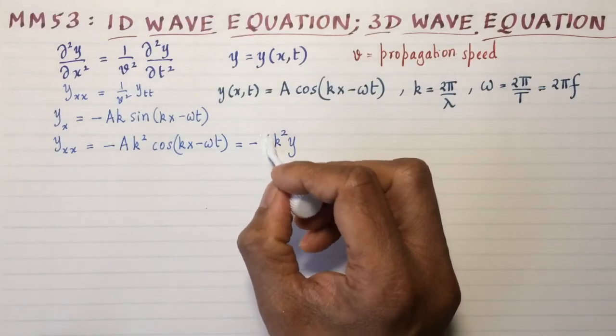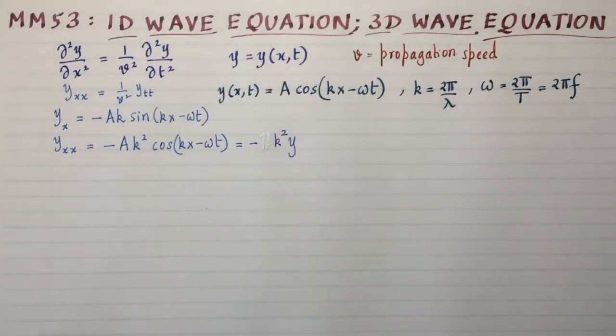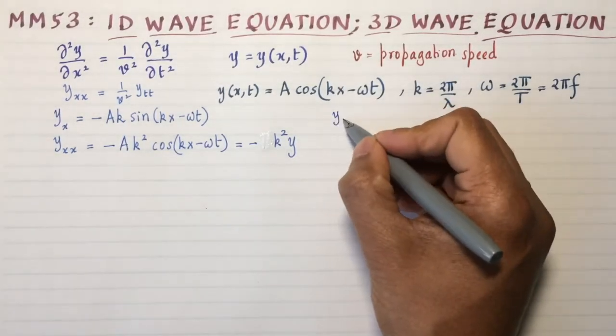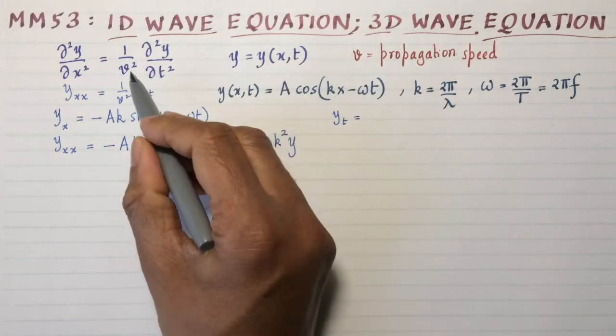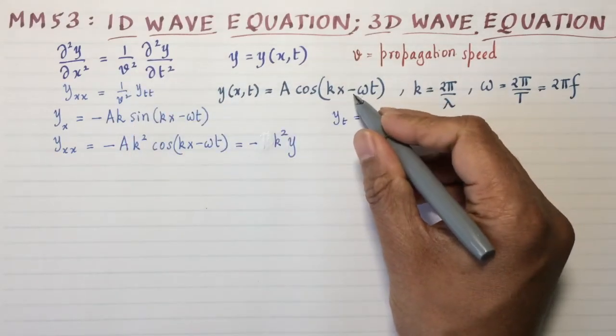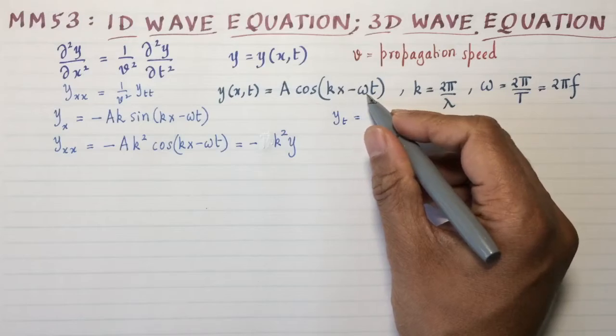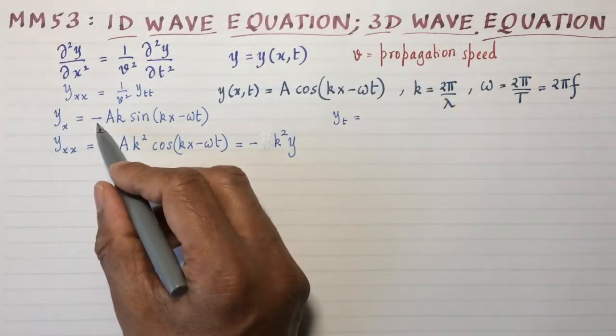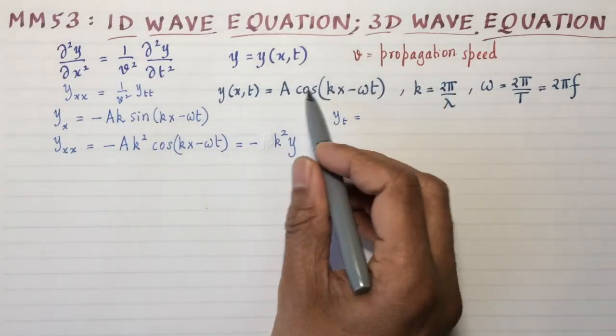Now what about the right-hand side? There you have to take two time derivatives. So let's proceed to do that. Yt, I'm not doing the 1 over v squared yet. So yt is, I'll pull out a negative omega because that's what I get when I differentiate with respect to time. But there's already a negative sign coming from it, cosine becoming sine.